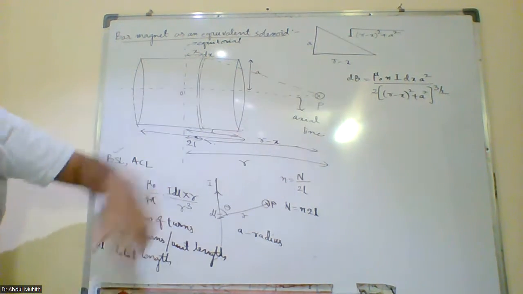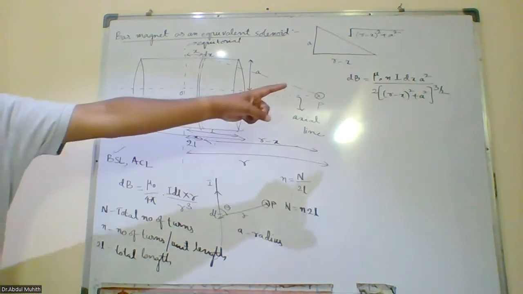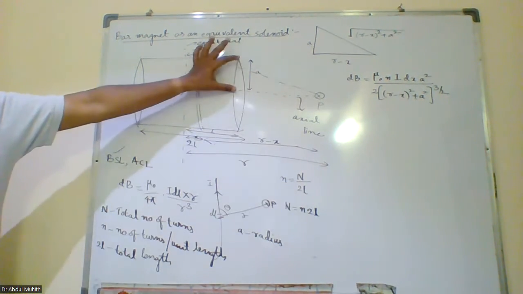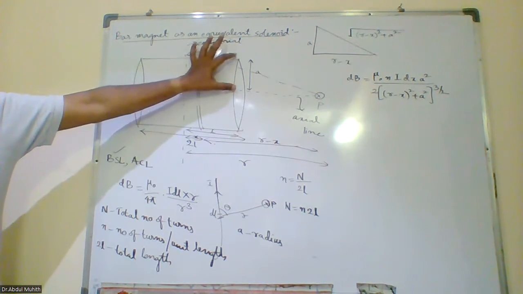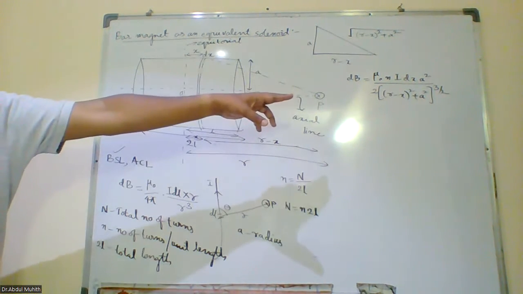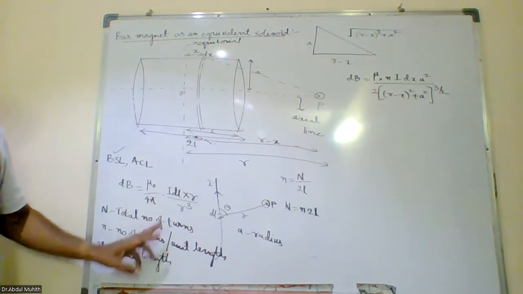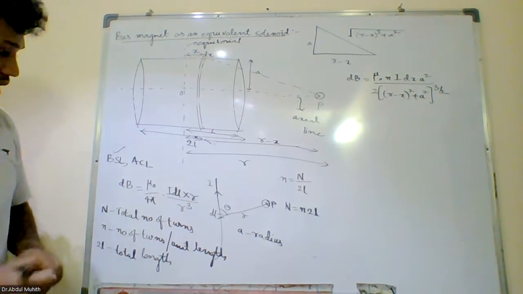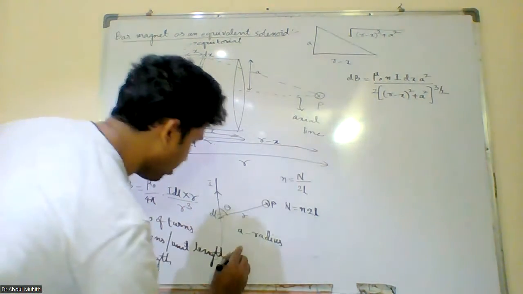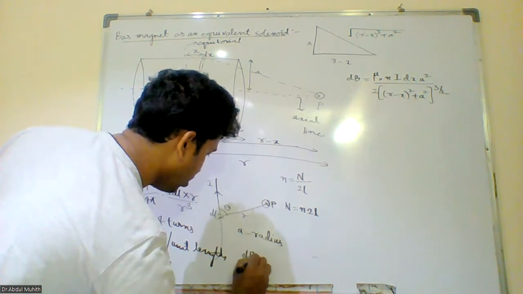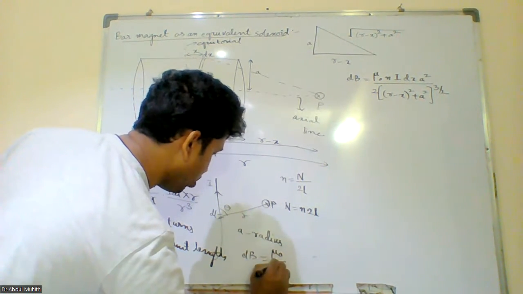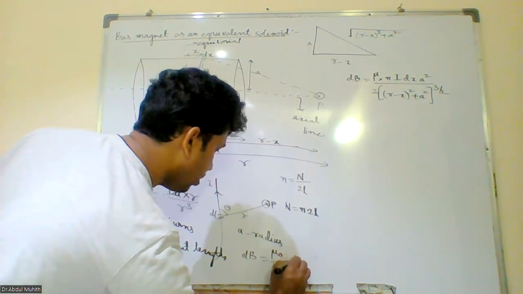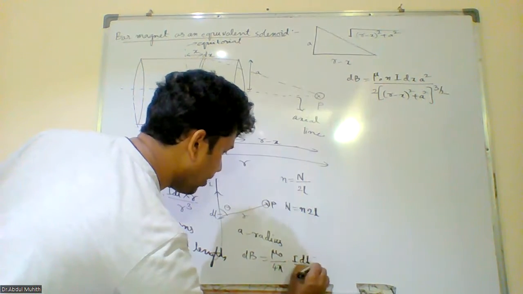There it is I dx. Then what is a square there? A square is the square of the radius. The denominator is the same again. What is that? R cube, no? Here. Or if you remove this, the formula will become dB is equal to mu 0 by 4 pi into I into dl divided by R square.